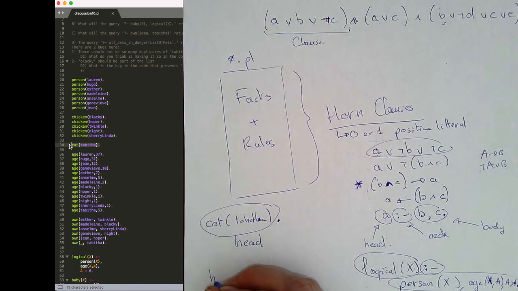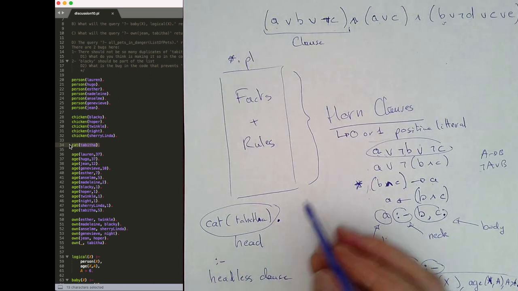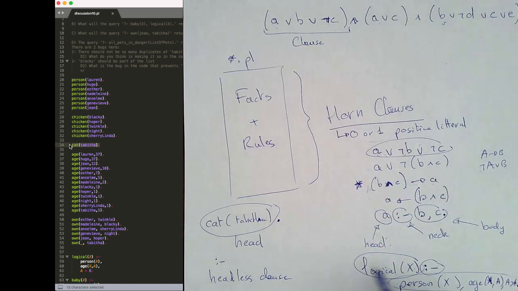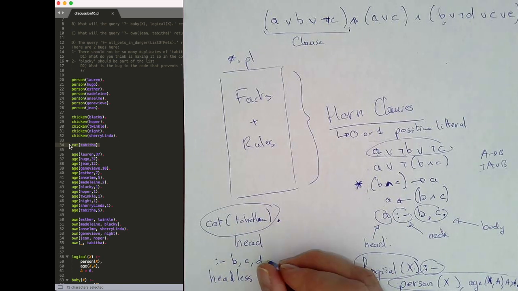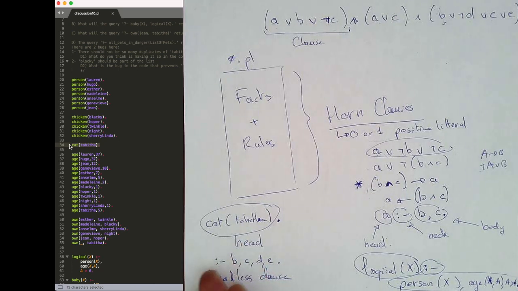So what would a headless clause look like? Well, a headless clause would be basically the neck with no head, no positive literal, and only negated literals on the right. So it would be, for instance, B, C, D, E. You have just a body and a neck, no head.